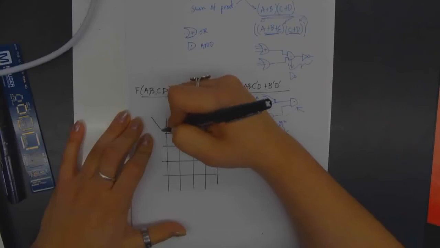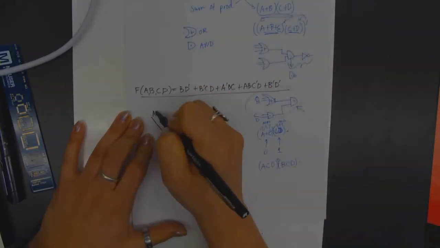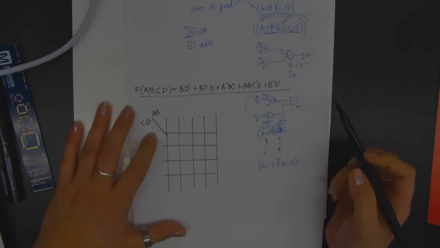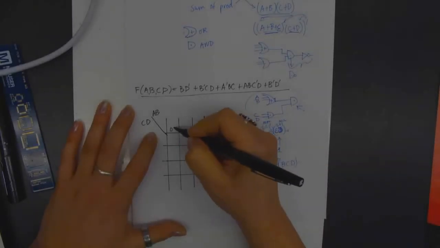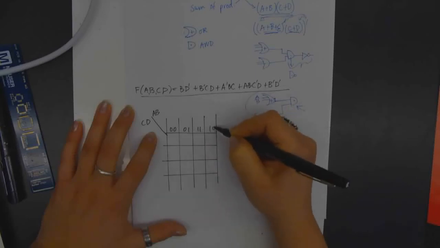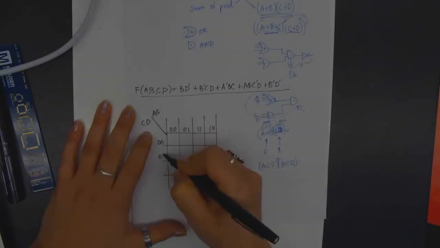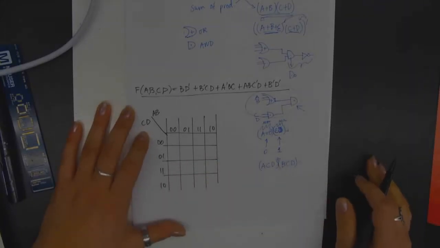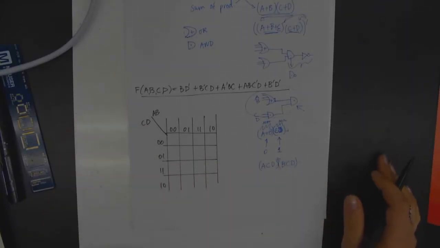So if you're looking at this, you've got A, B, C, D, right? And so it's 0 0, 0 1, 1 1, 1 0. Alright, so we're all good there, right?